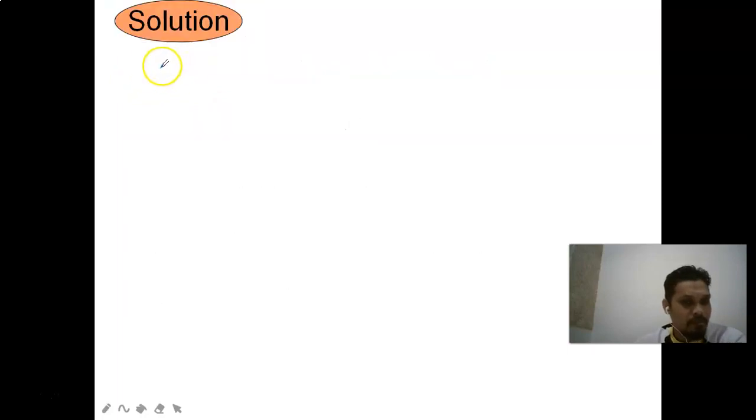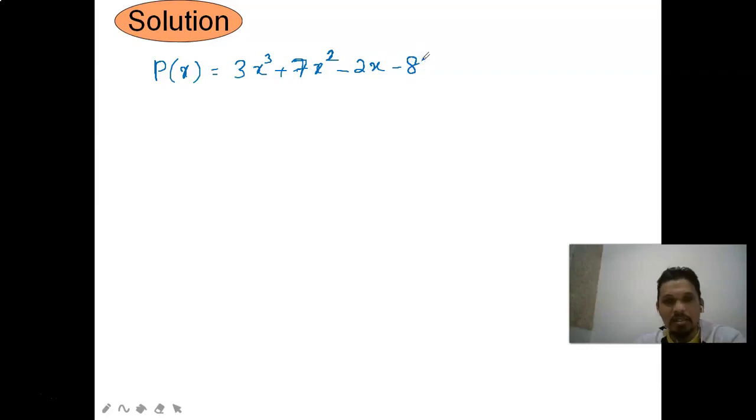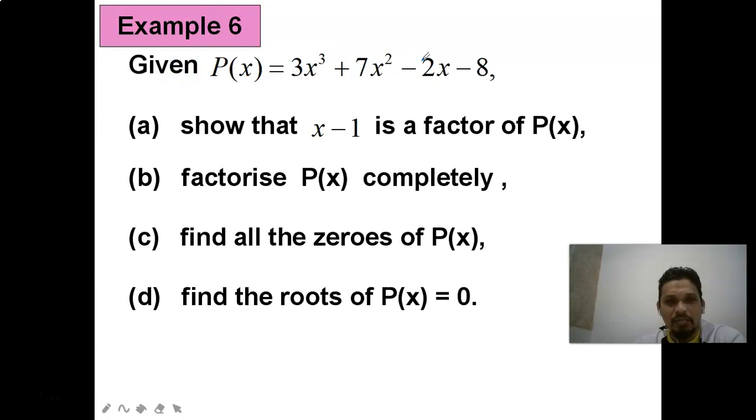Example 6: P(x) equals 3x cubed plus 7x squared minus 2x minus 8. Let's double check. 3x cubed plus 7x squared minus 2x minus 8. There you go. So the question is, show that x minus 1 is a factor.